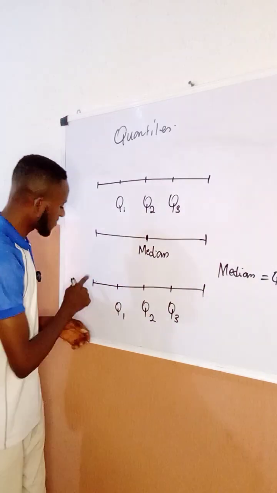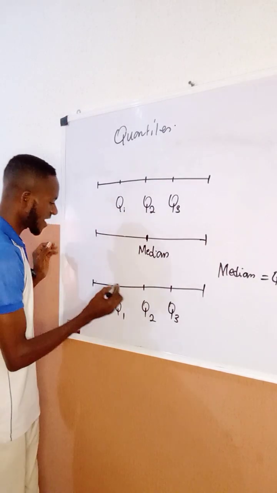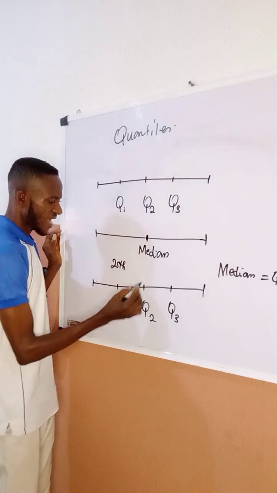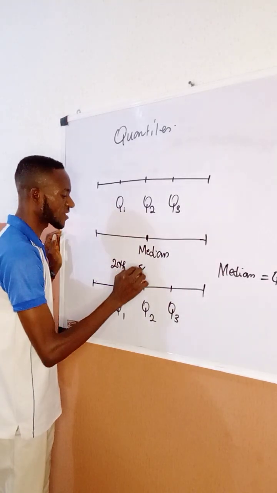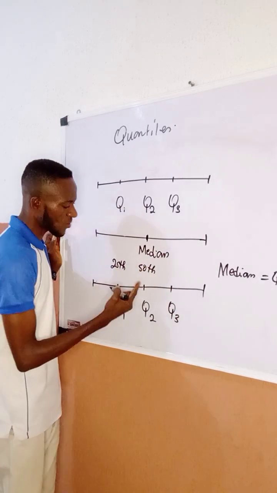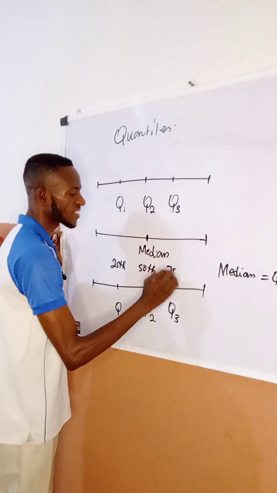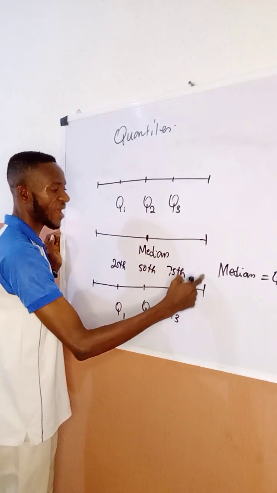Therefore, the first part is the 25th percentile, adding 25 again brings me to the 50th percentile, adding 25 more brings me to the 75th percentile, and adding 25 again I arrive at 100.